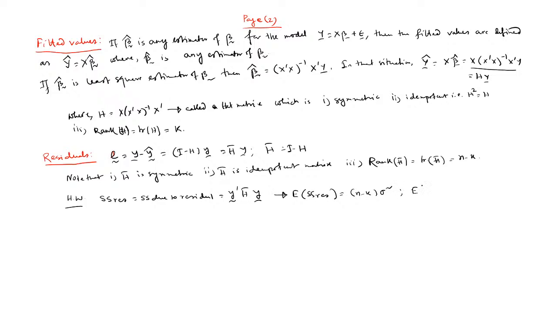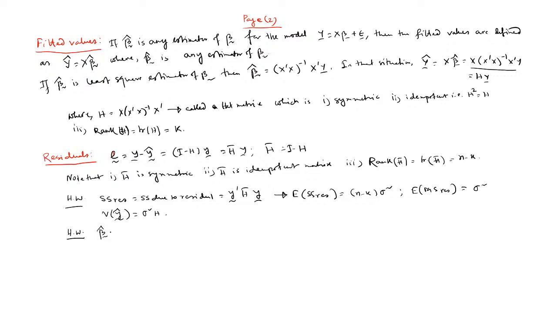And MS due to residual is equal to sigma square, which is the unbiased estimator of sigma square. Then check that the variance of y hat is equal to sigma square h.